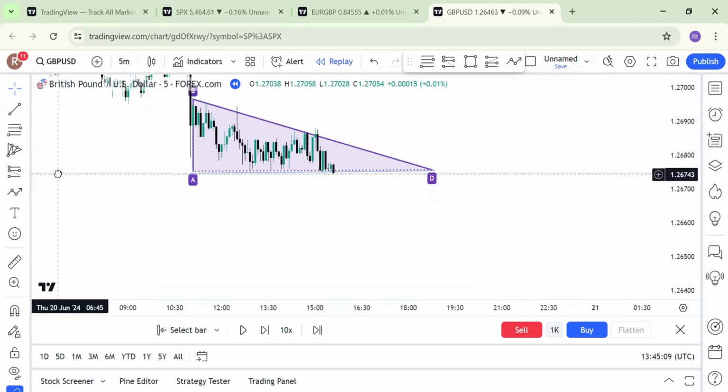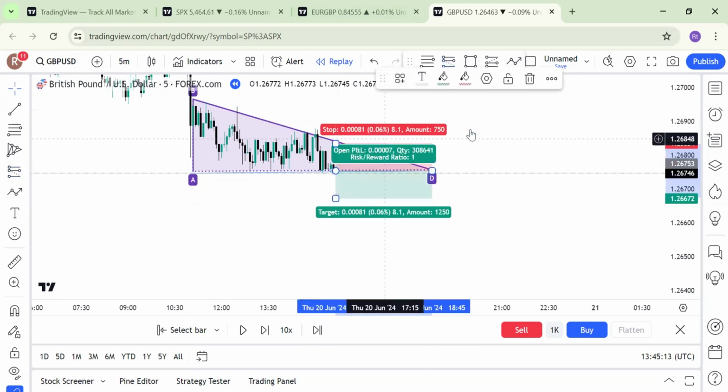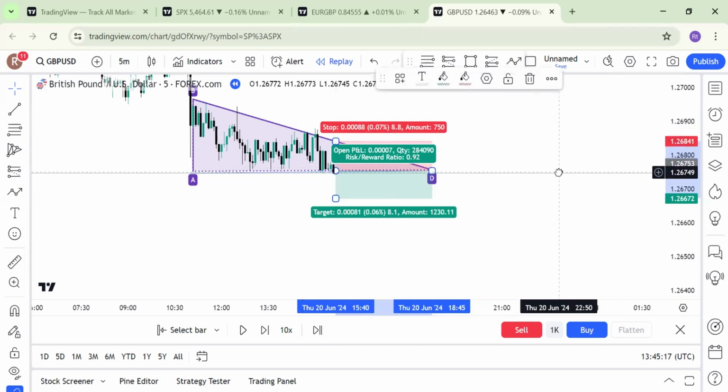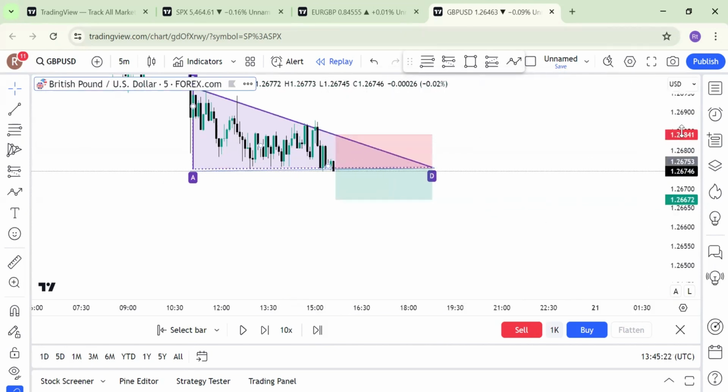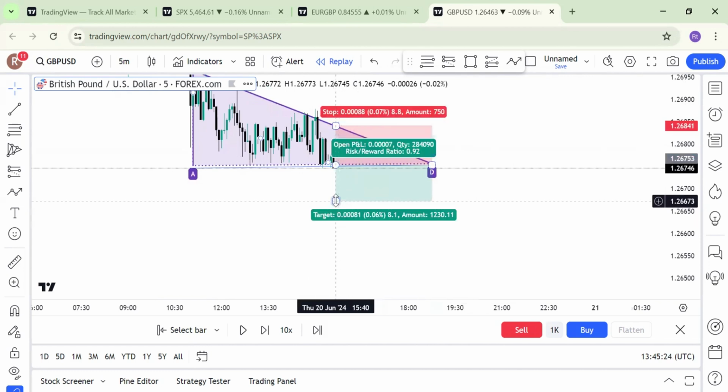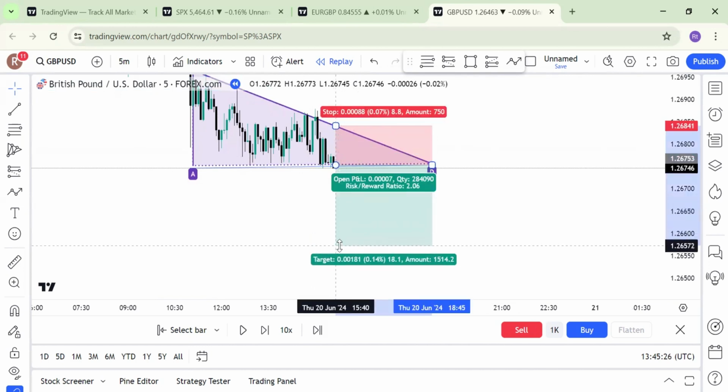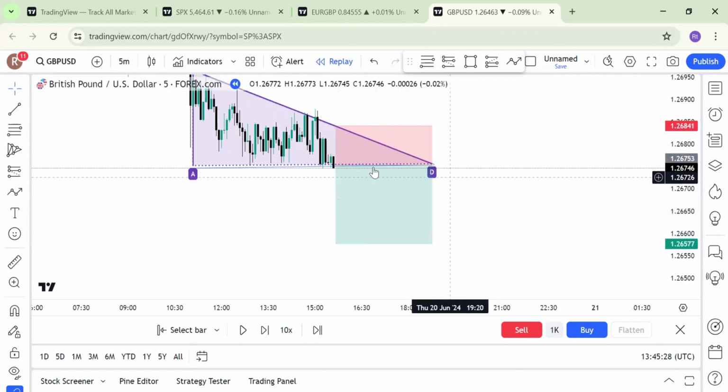So at this breakout now, I am looking for my 1:2. What do I do? I put it like this. You put your stop loss at this region of the slope of the triangle, and you draw your 1:2. This is my 1:2 already.